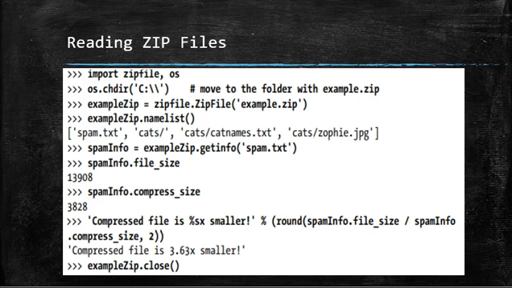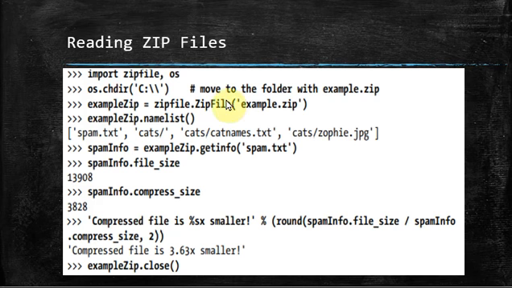Zip file objects are similar to the file objects that we saw returned by the open function. In the previous chapter we had seen the open function, which returns file objects, the values through which the program interacts with the file.